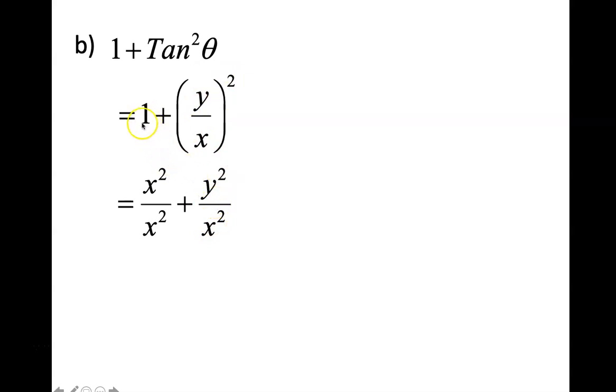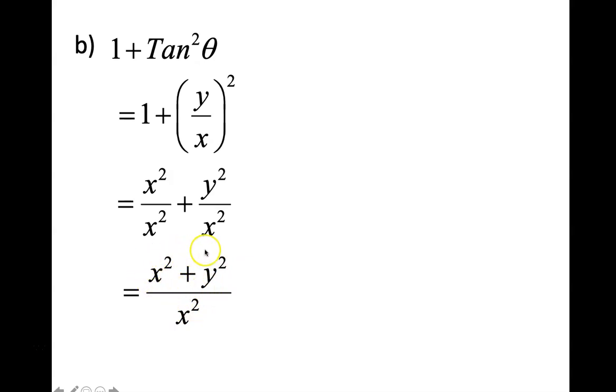And you might ask, well, wait a minute, what happened to the 1? Well, do you see how when I squared this, it gave me a denominator of x squared? If I'm going to add these, I need to write the 1 so that it has a denominator of x squared too, the common denominator. So I just rewrote the 1 as x squared over x squared. And then that gives me x squared plus y squared over x squared.